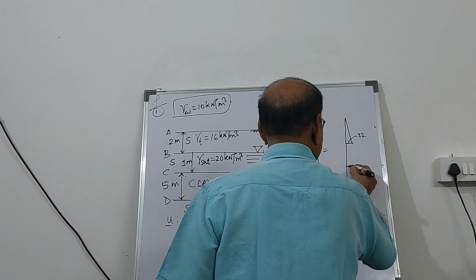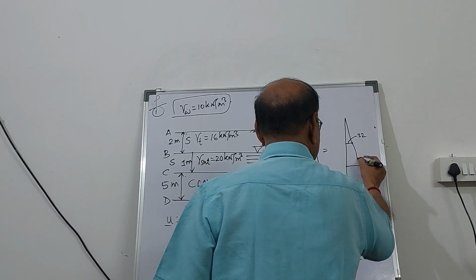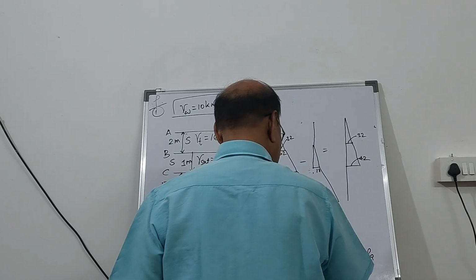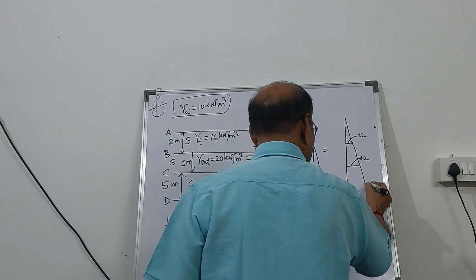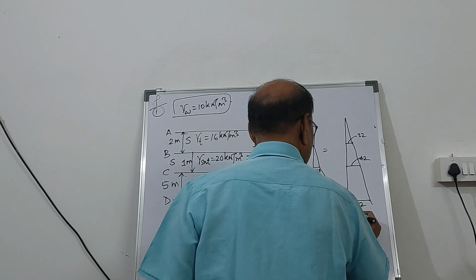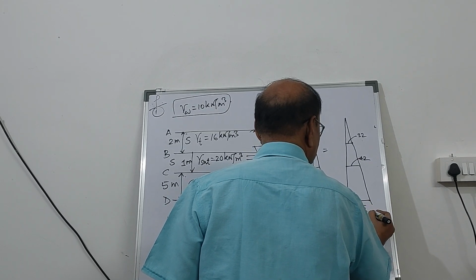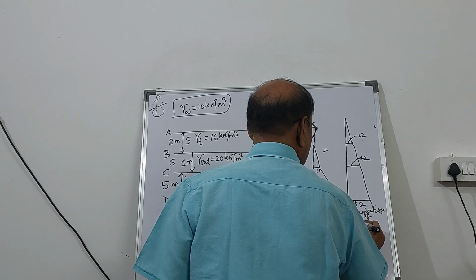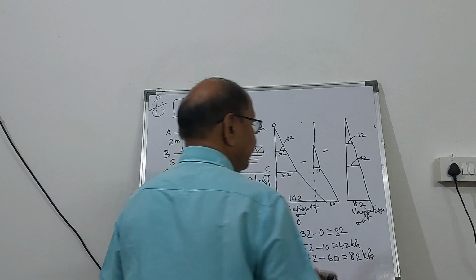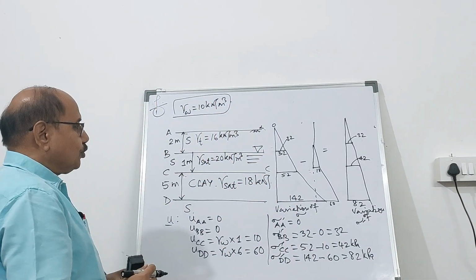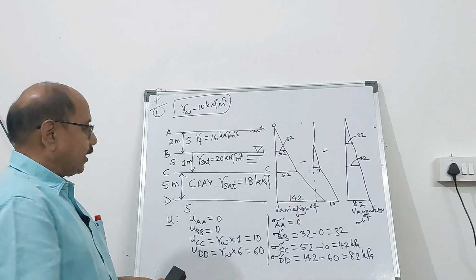So at this level it has increased to 42, and at the bottom it is 82. So at the bottom this is 82. This is the variation of effective stress value.